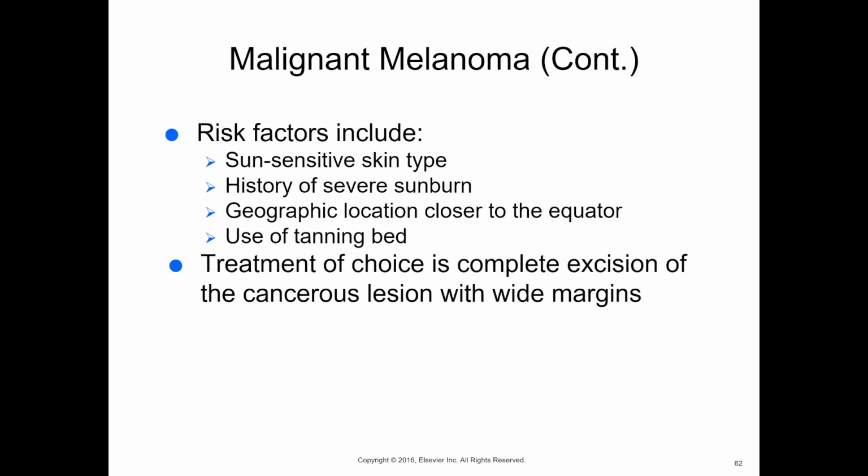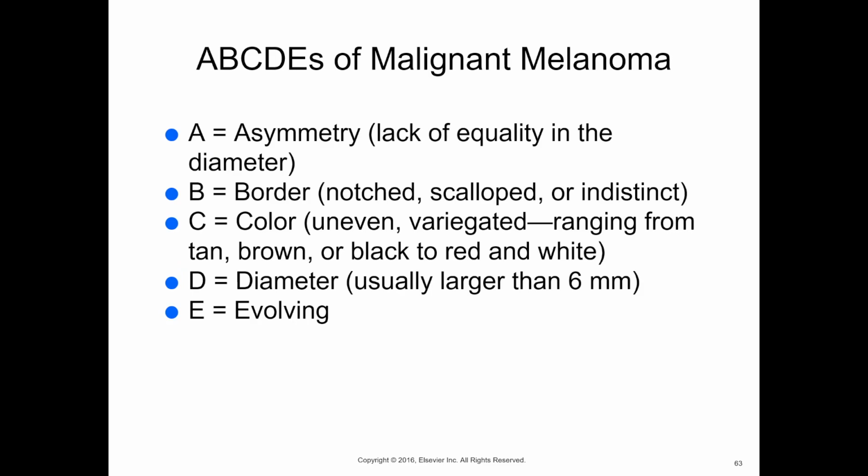The 5-year survival rate is about 90%, but if it metastasizes, which melanoma does do, survival is often under 20% at 5 years. So, helping identify and screen yourself, your ABCDs, asymmetry, okay?